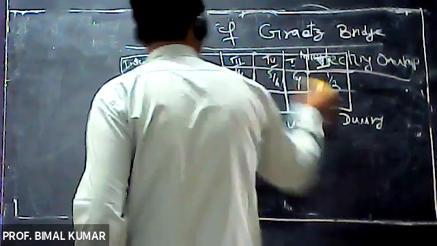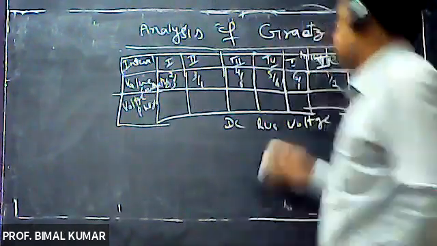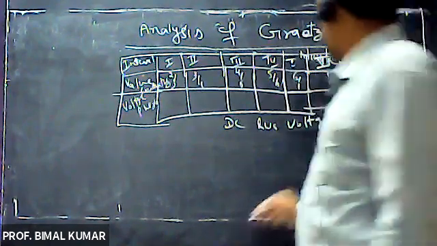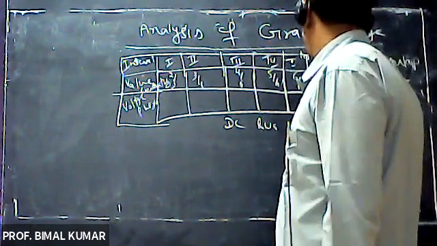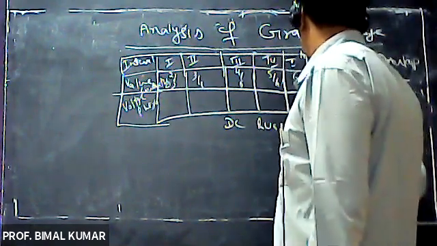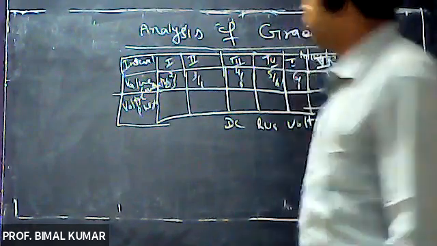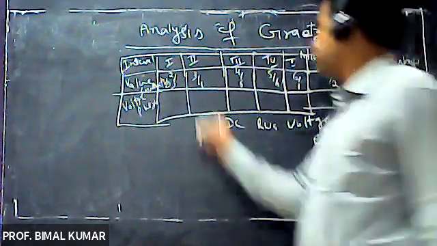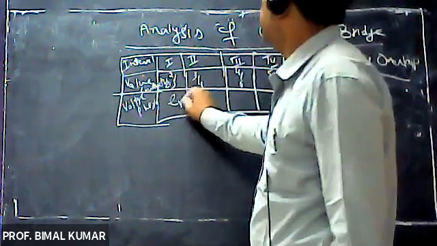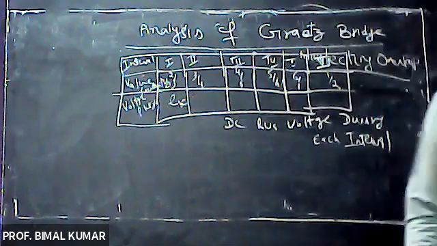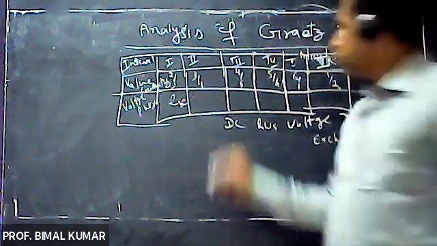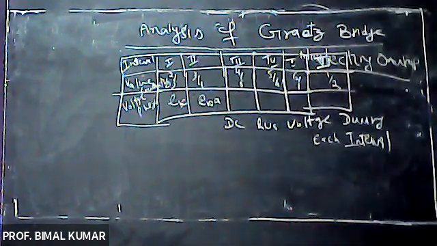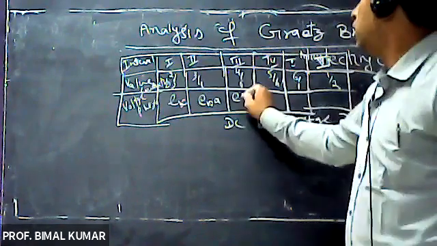Now this sequence will be taken from that timing diagram. During each interval, so during the first interval, the first 60°, the voltage is EBC. Then during the second interval, the voltage is EBA. Then during the third interval, the voltage is ECA.